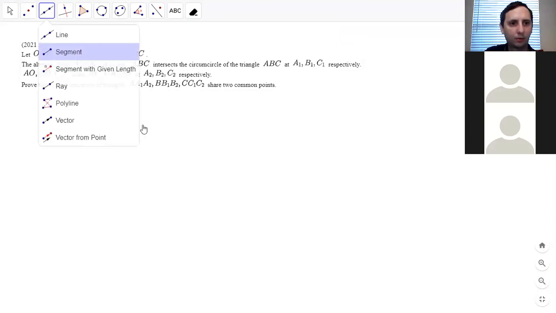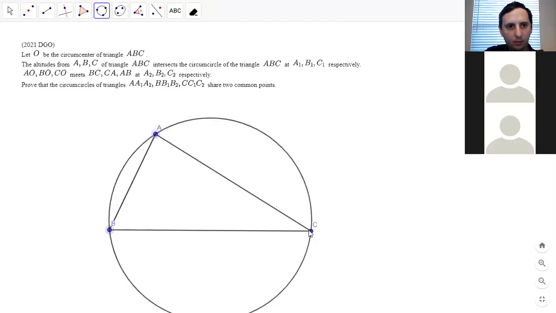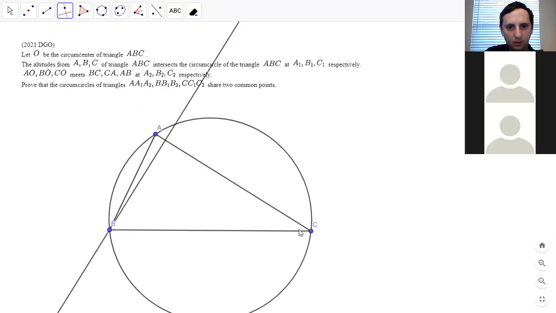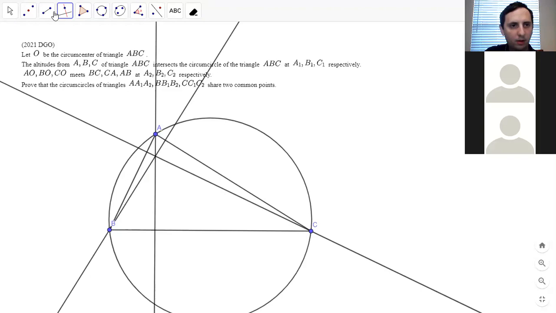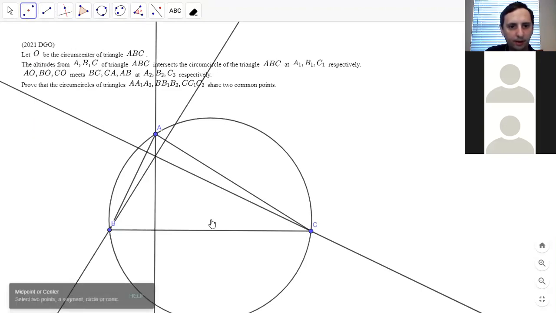It looks tricky though. So we have a triangle ABC with circumcenter O. And basically we draw the three altitudes and we see where they meet the circle. And then we draw the lines through O. We see where those meet the sides.